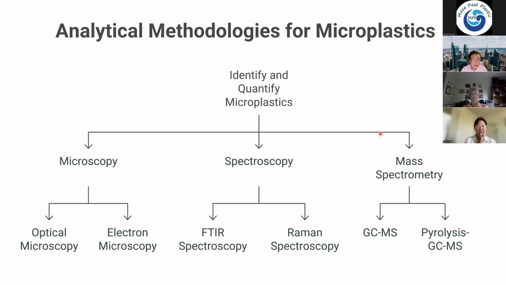Now I'm just going to briefly talk about the analytical methods, how we identify and quantify the microplastics. There are several new analytical methods being added, but today I'm only focusing on three types of analytical methods. Microscopy has been widely used for decades, and especially optical microscopy is a low-cost analytical method.